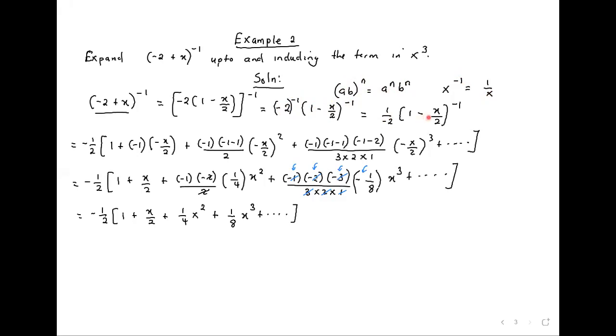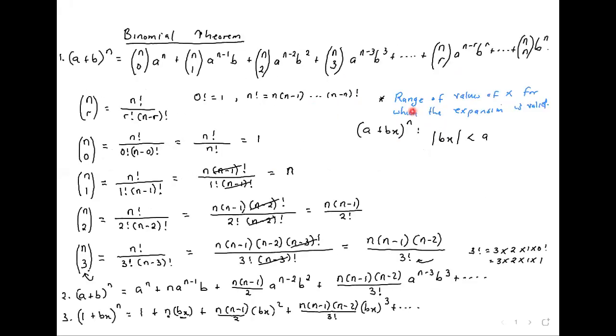And then you get the expansion now. Once your first position is 1, in the third expansion here, you concentrate on the b part and the n. Substitute n multiplied by bx, n(n-1)/2 by bx squared, n(n-1)(n-2) over 3 factorial by the b part to the power 3.